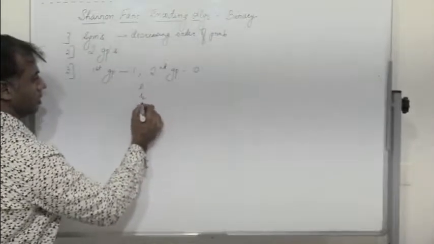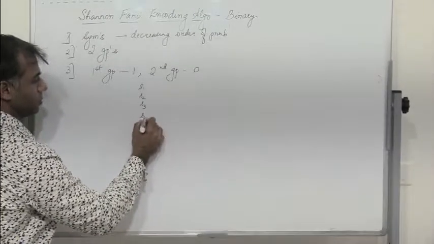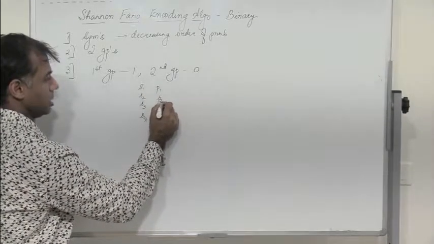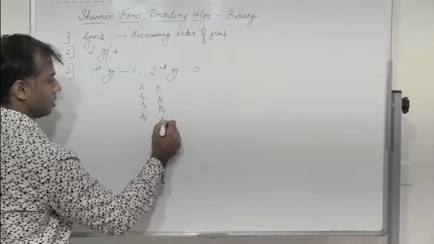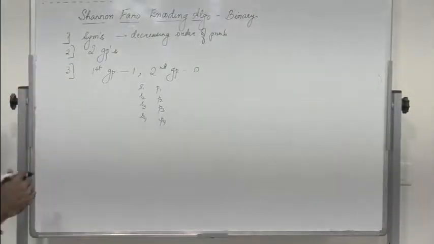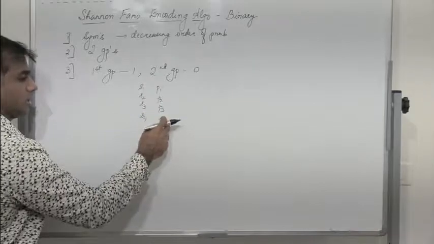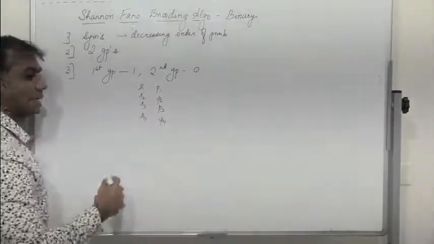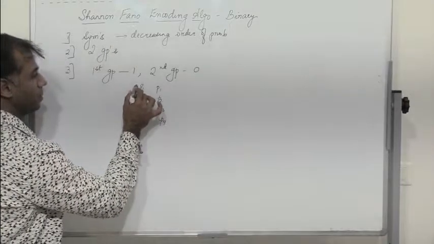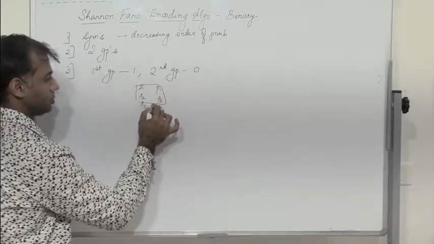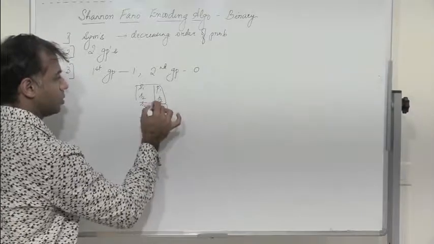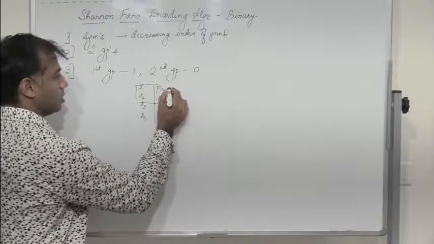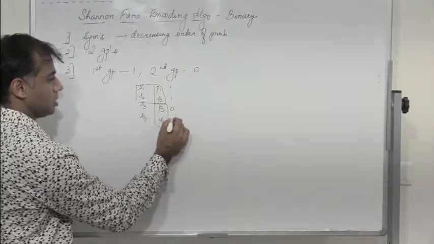Let's assume that there are 4 symbols, arranged in their decreasing order of probabilities, with P1 the highest and P4 the lowest, divided into two groups with nearly equal probabilities. Let us assume that P1 plus P2 is approximately equal to P3 plus P4. We need to assign 1 to the first group and 0 to the next group.